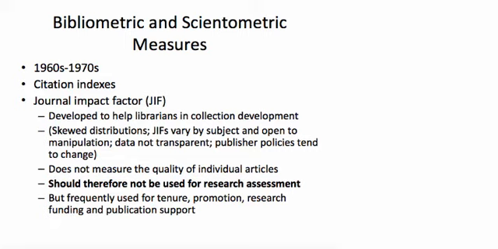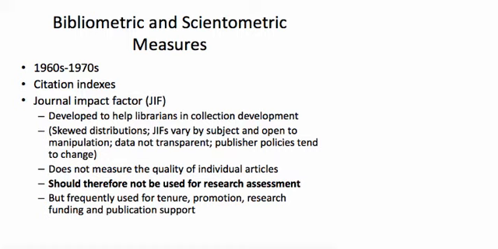One of them is what's called the journal impact factor. It was actually defined as a measure to help library and information professionals in collection development, so that they would know which journals to subscribe to, depending on how often the articles in those journals get cited by other researchers.